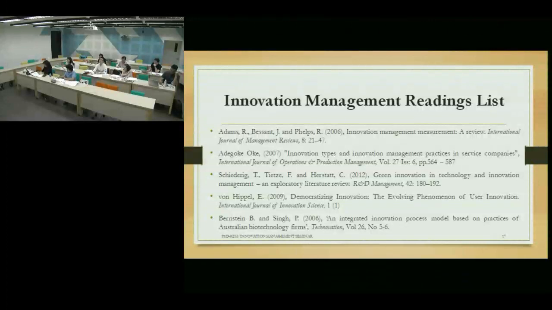So if we include the environment, protect it, and innovate, what do we have? Yes, we have sustainability, correct.